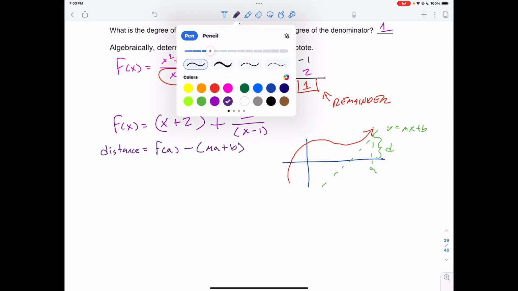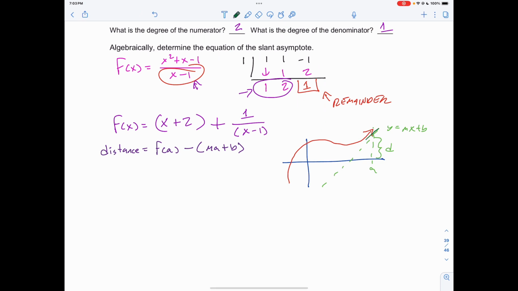Now, as I'm getting closer and closer to this y is equal to mx plus b, or my slant asymptote, the distance is getting closer and closer to 0. Now, we know that the distance between the line and the slant asymptote is never actually going to hit 0, but it's going to try and get as close as possible.